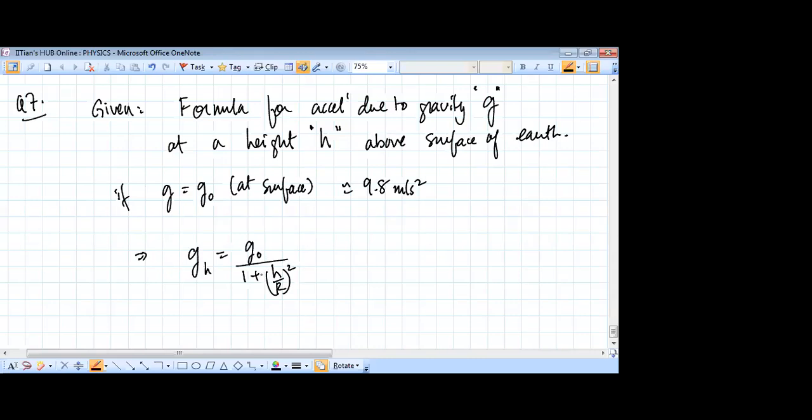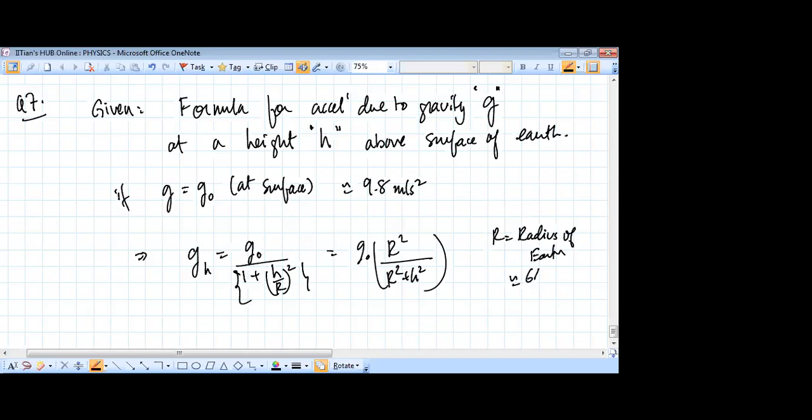That is the formula which is given to us, where r is the radius of Earth, which is approximately 6,400 kilometers. It's given as a more exact value, 6370 kilometers.